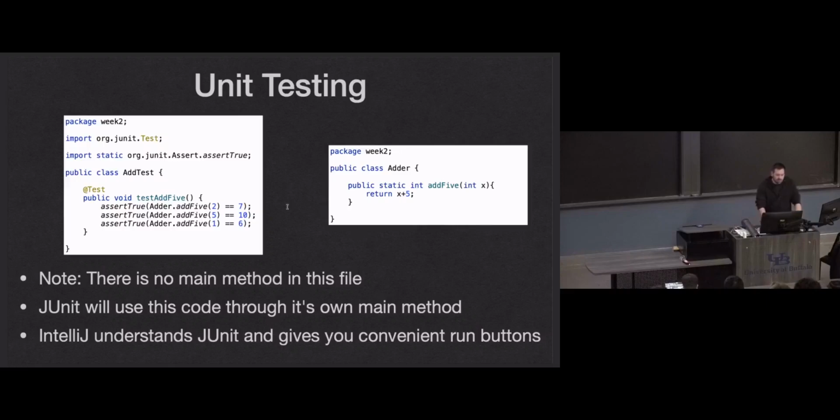It just gives you a go button right in this class. That go button's a bit of a shortcut. It does mean it's going to invoke JUnit's main method, and that main method is going to consume your code here and then use it and run your tests. So we are still running a main method. Every Java program starts with a main method, but it's obfuscated. It is behind the scenes a bit. JUnit is running the main method and consuming our code.